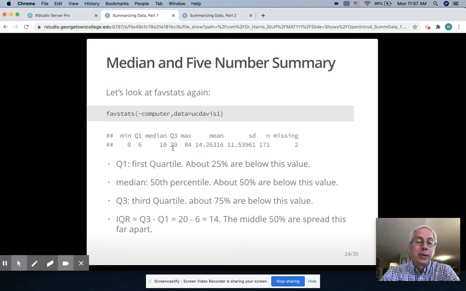In this particular case, that'd be 20 minus 6, or 14. And so this tells me that the numbers between the first quartile and the third quartile comprise the middle 50% of my data. And this tells me how far apart the first quartile and third quartile are from each other. And so in some sense, that's a measure of how spread out my middle half of data is.